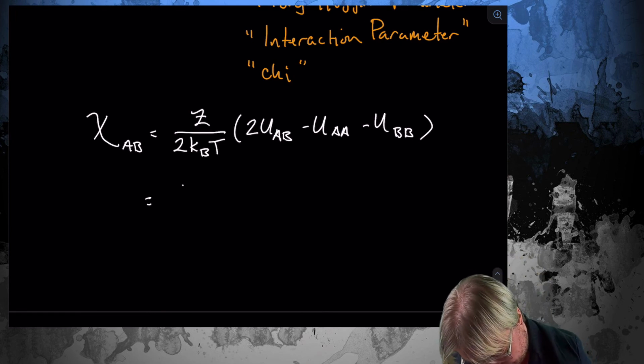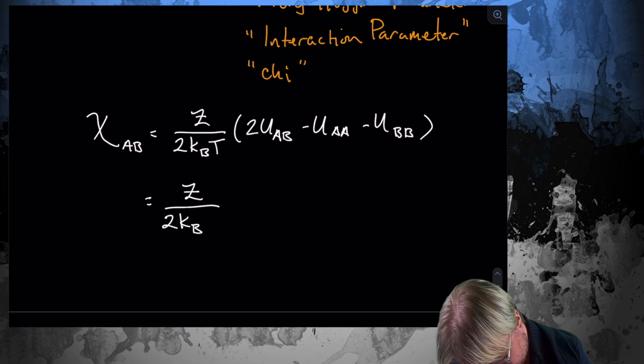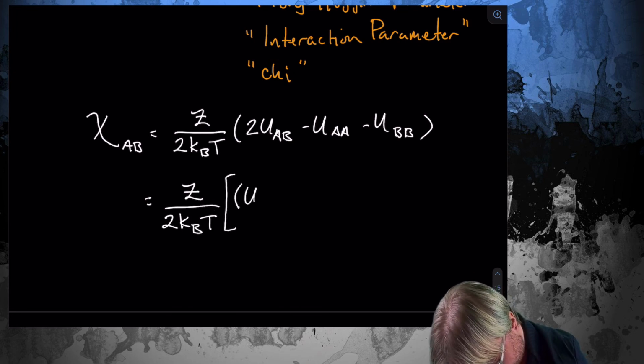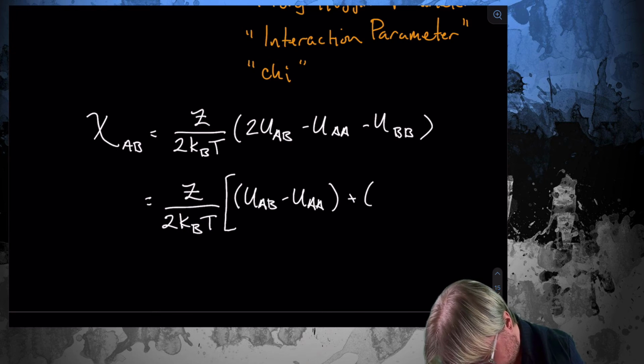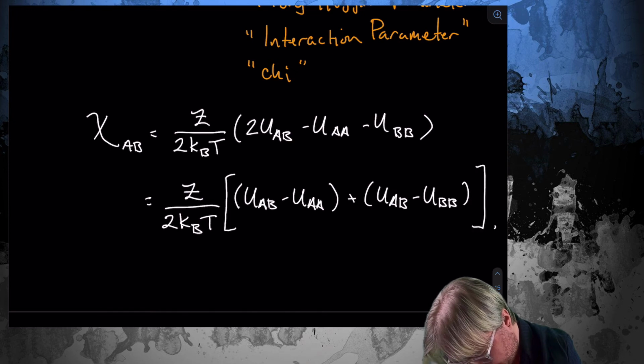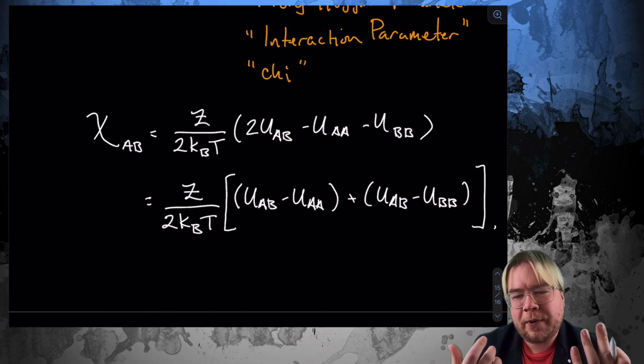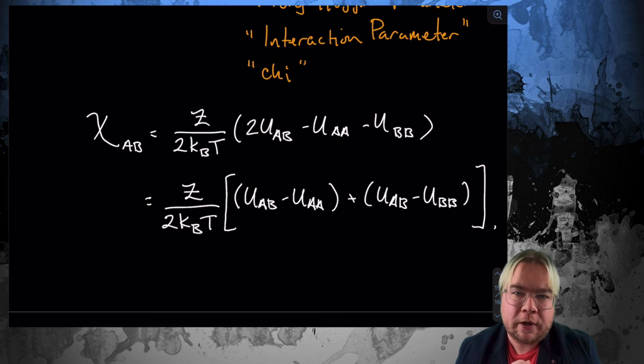So I can also write this Flory-Huggins parameter as Z divided by 2 kBT, and then multiplied by UAB minus UAA plus UAB minus UBB.